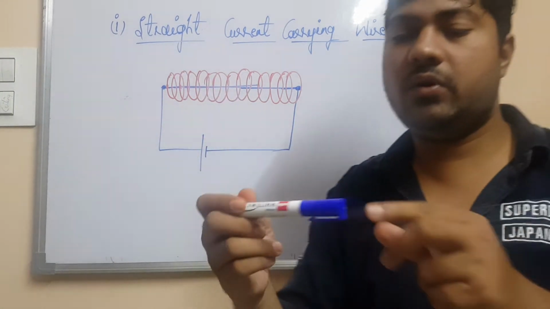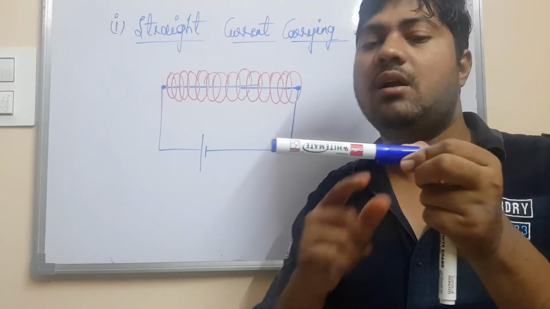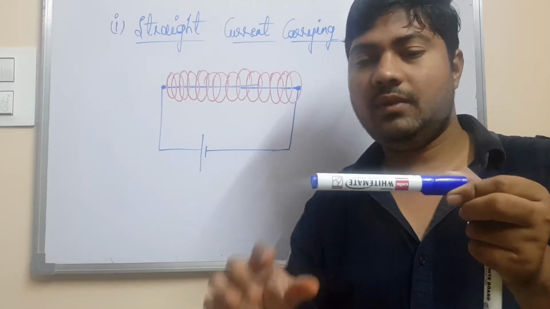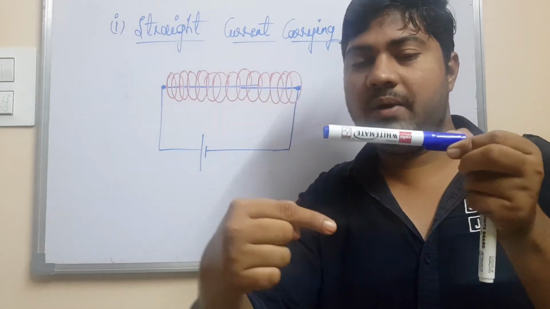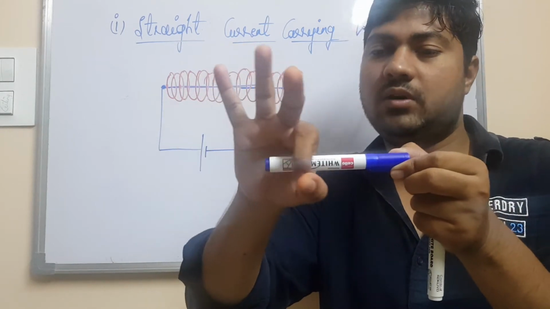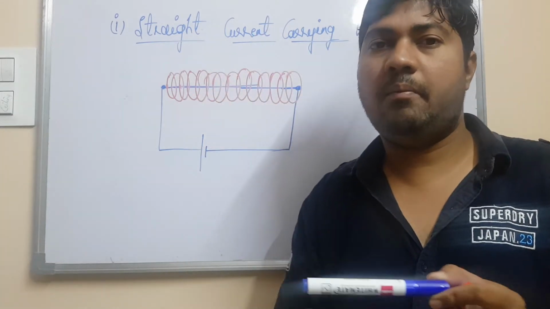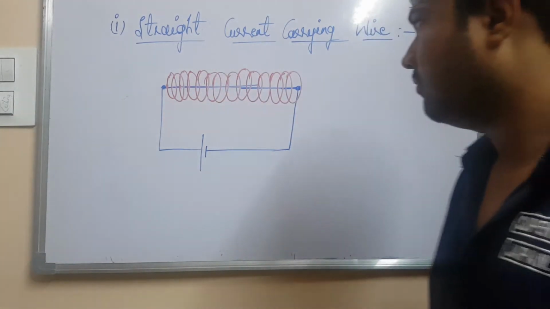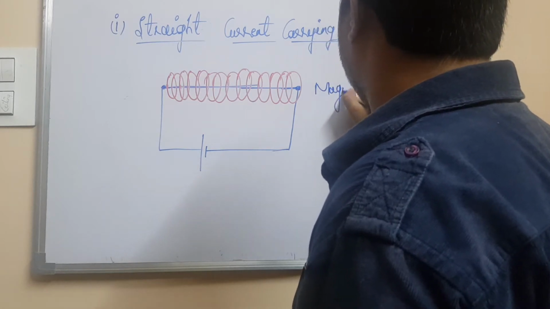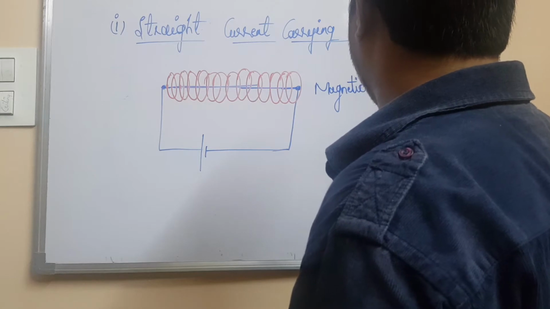For example, if you consider this marker as a straight current carrying wire, and if current is passing in this wire, then the magnetic field will be around this wire in a circular shape like this.